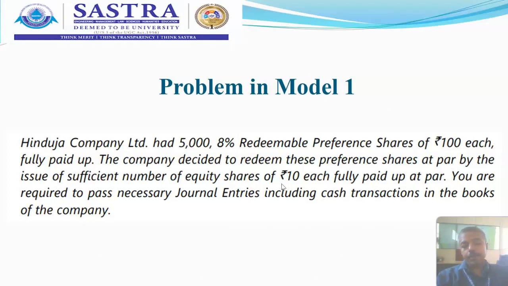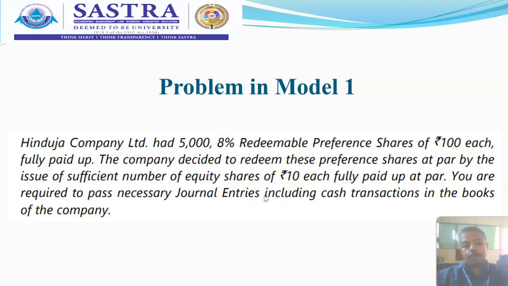Second, the due entry for the redeemable preference shares. The due entry is to be made first for the redemption of preference shares. One is the due entry: 8% redeemable preference share capital account debited, rupees 5 lakhs, to preference shareholders account, rupees 5 lakhs.